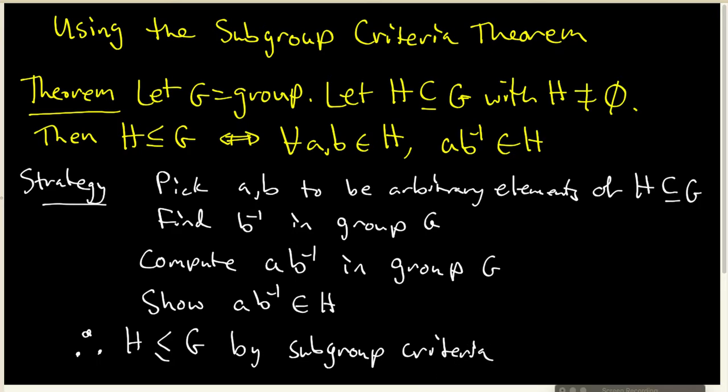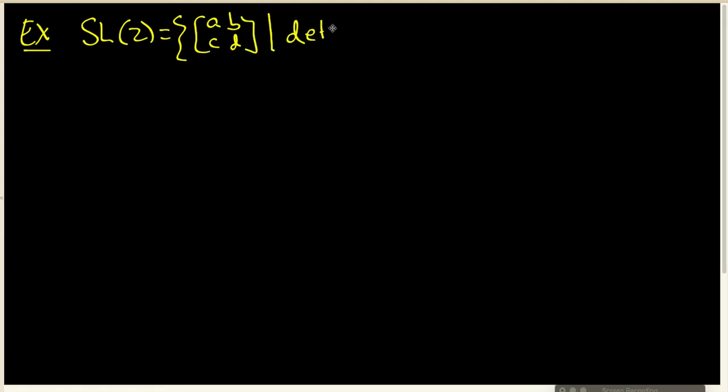So anytime we want to use this theorem to prove something is a subgroup, this is what the strategy is going to look like. Now what I want to do next is look at a specific example to see how we do this in a concrete case. So here's my example. I'm going to define the set SL2 to be the set of all 2 by 2 matrices such that the determinant of that matrix is equal to 1.